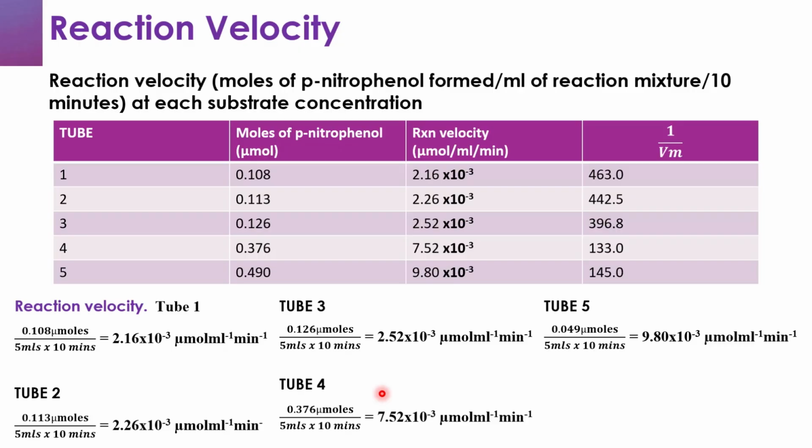So now let us calculate the reaction velocity. What we have to note is that the reaction velocity is given as the moles of the p-nitrophenol formed divided by the volume of the reaction mixture used and the time of incubation at each substrate concentration. So let us just go through the calculations over here.